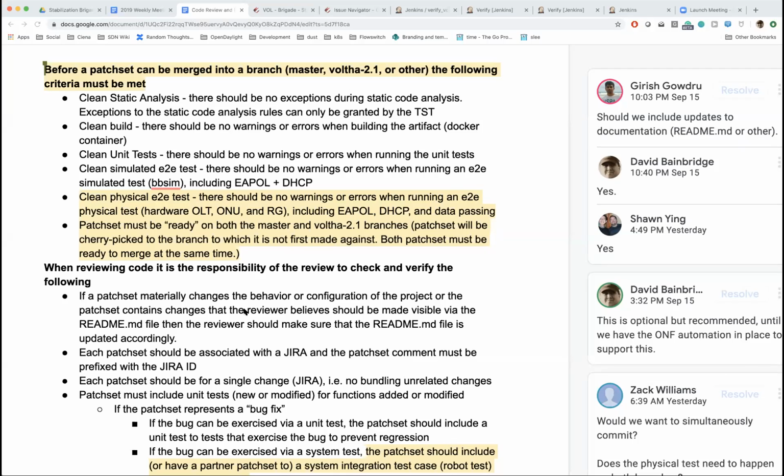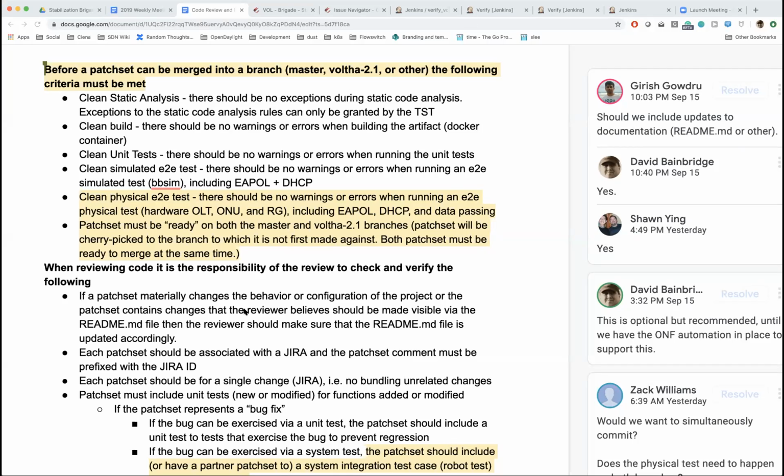Additionally, because we're having patch sets that have to be cherry-picked between two branches, and we're already seeing patch sets either not cherry-picked or cherry-picked out of order, which makes cherry-pick harder, we're going to require that the patch set be ready on both branches before it's merged on one.